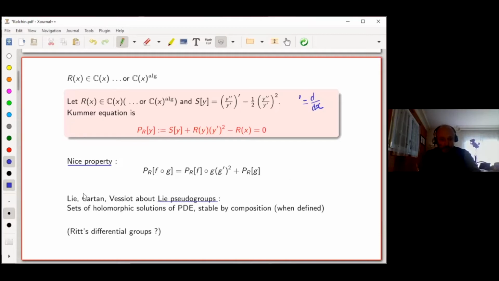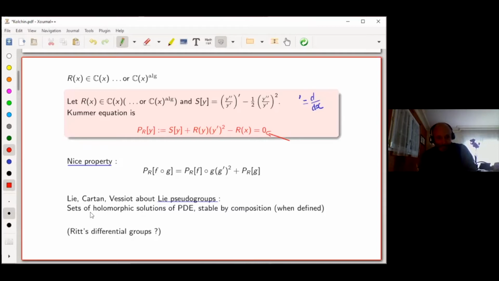Because of this compatibility, this equation appears in the work of some mathematicians on Lie pseudogroups. I just gave three names, the principal names among people working on Lie pseudogroups: Lie, Cartan, and Vessiot. In some place in their work, this red equation appears. And what is a Lie pseudogroup?